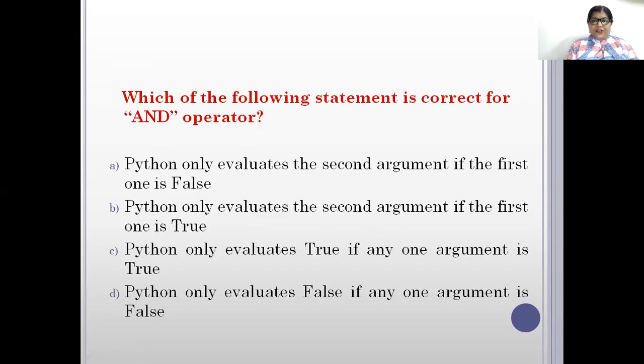Which of the following statements is correct for the AND operator? We know the AND operator. What is the AND operator? AND is basically used like multiplication, and we all know the truth table of AND.